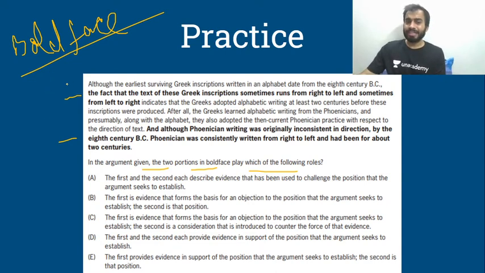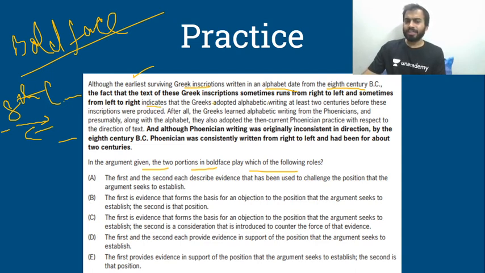The first line is telling you that the earliest surviving Greek inscription written in alphabet form is from the 8th century. Okay, so first you are given the time period, 8th century. Now they are saying the fact that the text of these inscriptions sometimes runs from right to left and sometimes from left to right, right?